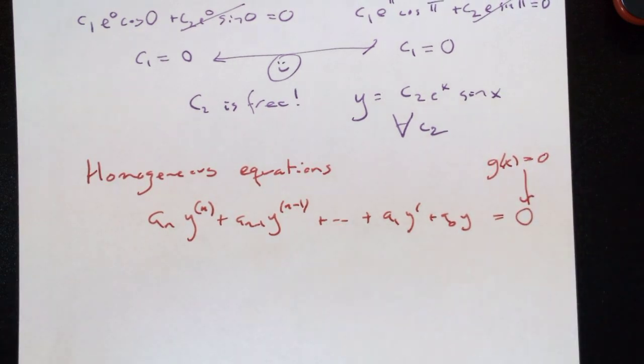So this is a slightly different idea about homogeneous functions. If the thing on the right is not 0, it's not homogeneous. But it turns out that when I'm dealing with differential equations, it's always, always, always easier to start with the one that equals 0.